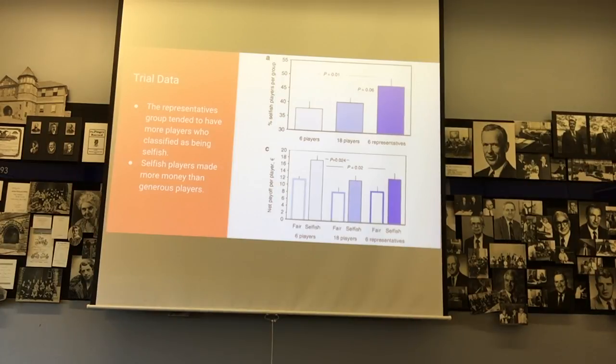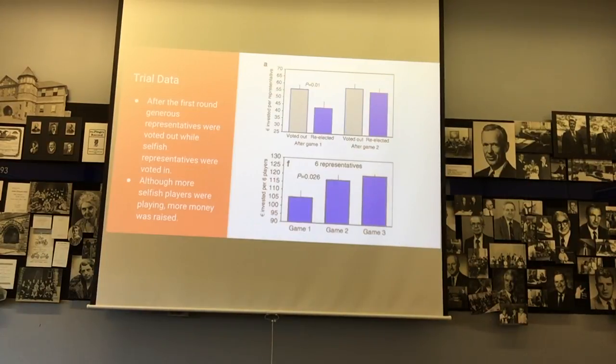The selfish players were still making more though, which agrees with what has been done in the past. The selfish players typically performed better. But the interesting thing that happened in this study was specifically in the 6 representatives group, after the first game, which was random, the representatives for each group were chosen at random, players who were considered to be generous tended to be voted out.